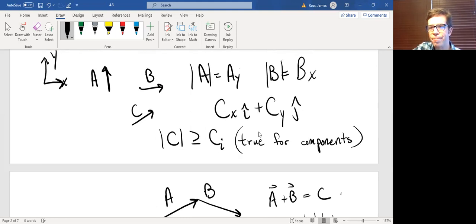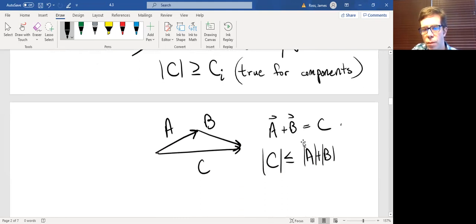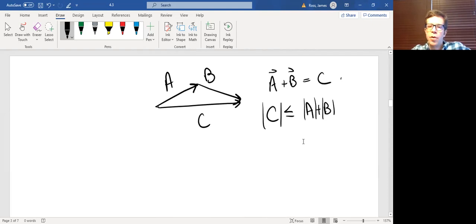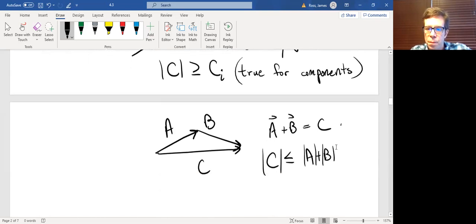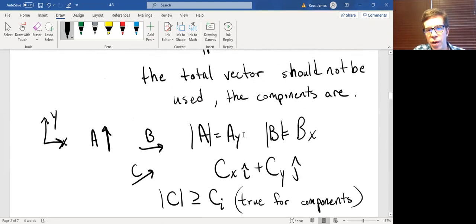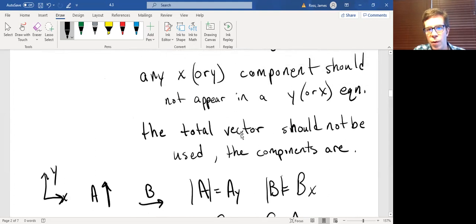Sorry for the confusion on that. This is true for components. It's not true in general, but it is true for components. This one's true in general. And I'm getting off track. We'll just stop there because I've already finished talking about projectile motion and I'm really off track.